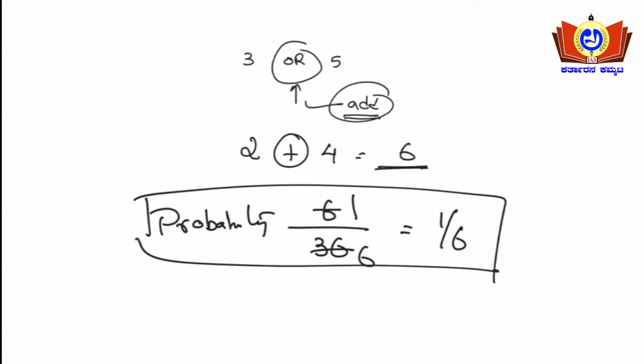Obviously option B can be eliminated, and option C can be eliminated here, 2 upon 36. To get a total of 3 or 5, "or" means we need to add. To get 3, there are 2 combinations, and to get 5 there will be 4 different options, right?